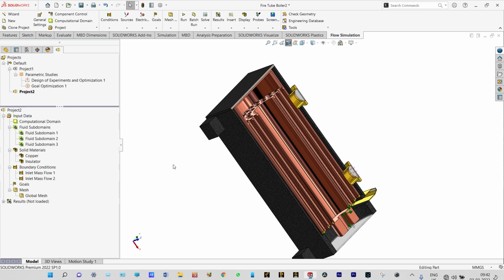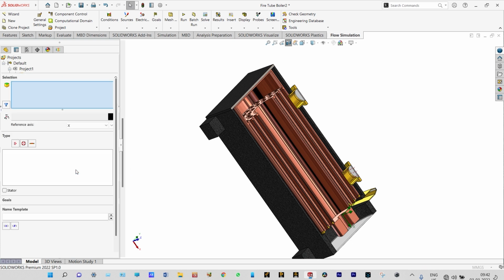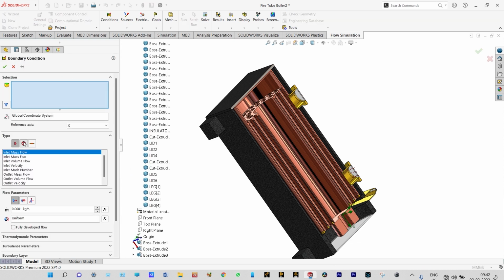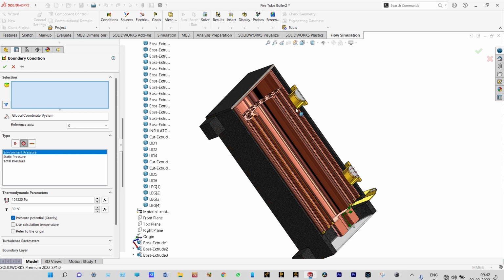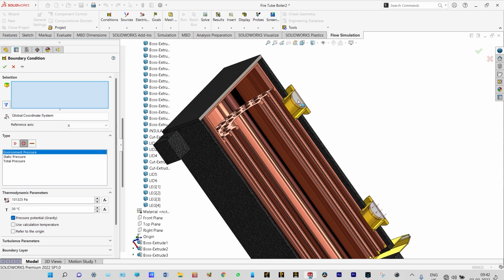Next to that, we need to apply other boundary conditions, that is atmospheric pressure at the exit locations, right? So insert boundary conditions. It will be atmospheric pressure at different exit locations. Select this one. This is the location of exit of steam. It will be environmental pressure.